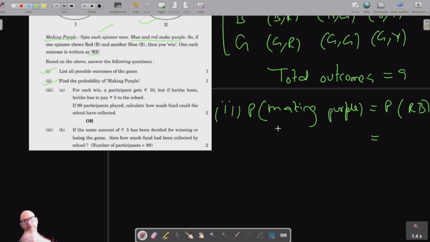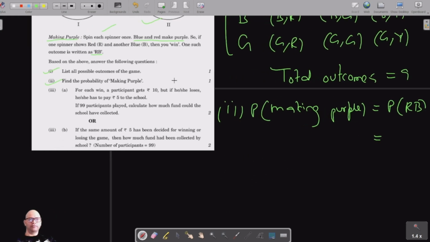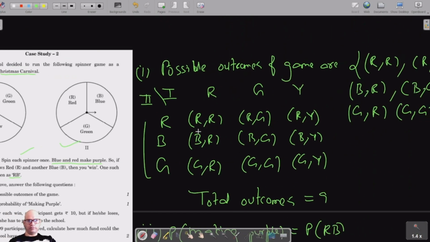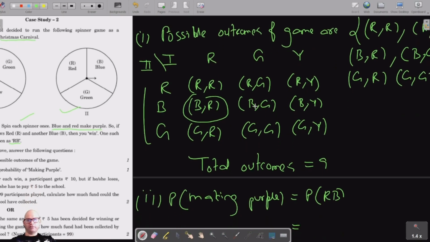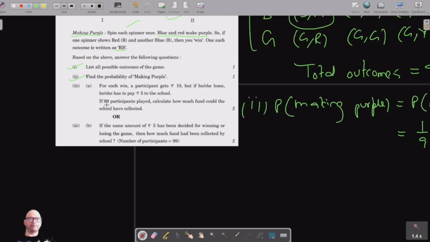Sorry, blue and red. So spinners blue and red make purple. RB and blue red are one and the same thing. Red and blue makes purple, and we only have one option for red and blue. So that means the probability of making purple is 1 by 9.